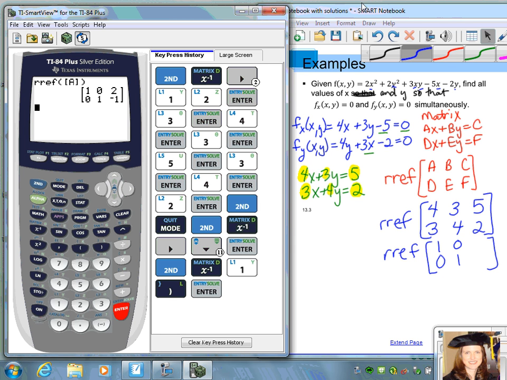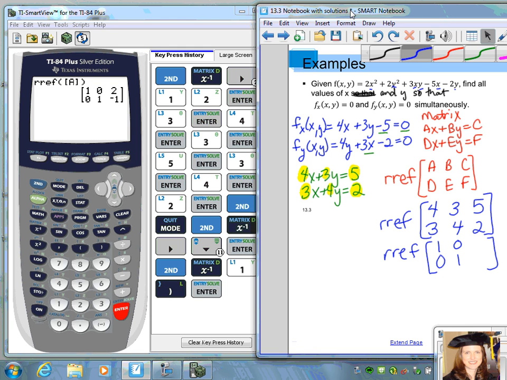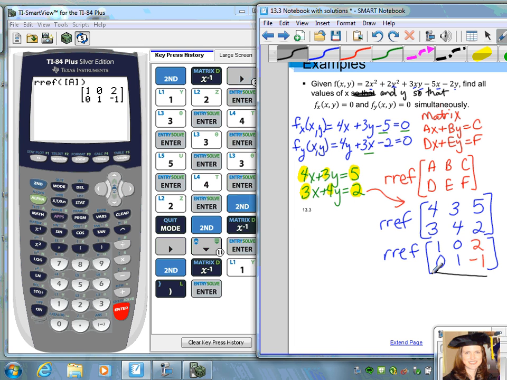So back to my example over here. The solution that we found is the matrix 1, 0, 2, and 0, 1, negative 1. Now, just how I left out the x's and the y's to build this equation, I can put the x's and the y's back into this equation here and show you what our solution is.